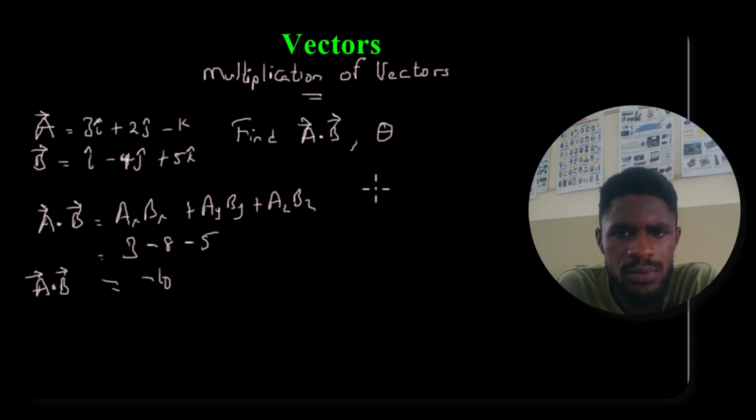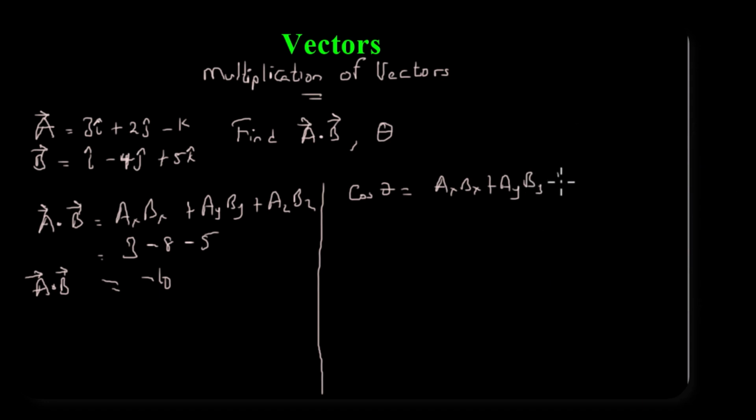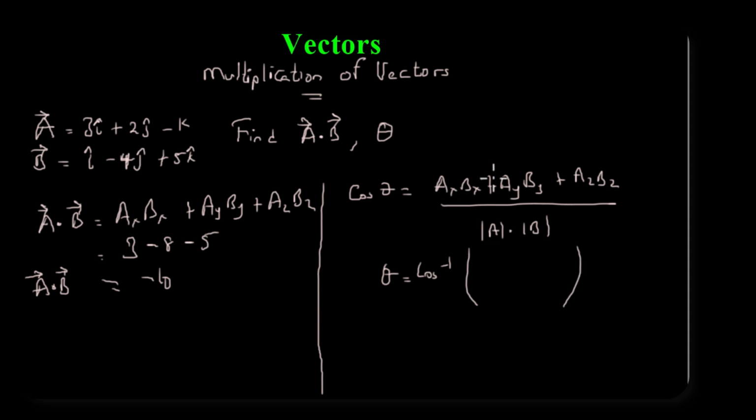Now for the other part, find the angle between them. How do we find this? Remember, we said cosine of theta must be equal to AX BX plus AY BY plus AZ BZ, everything divided by the magnitude of A times the magnitude of B. Now, theta finally will be equal to the cos inverse of the answer we are getting here.